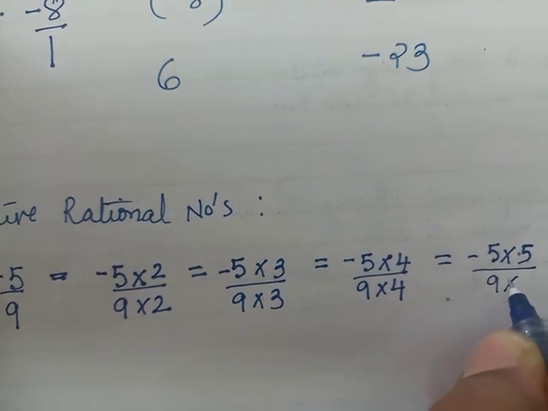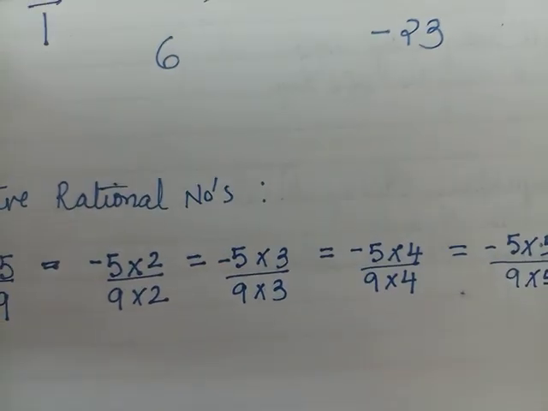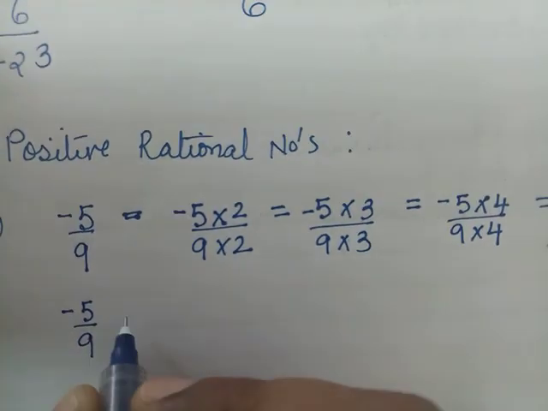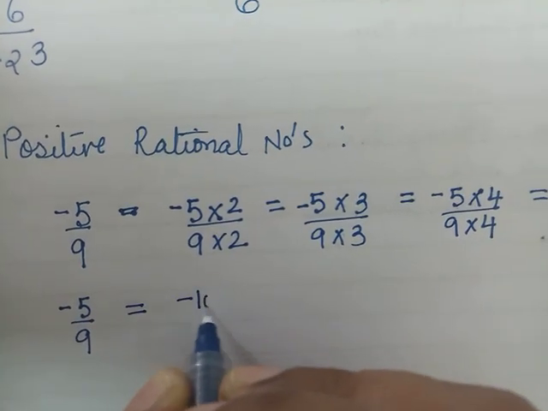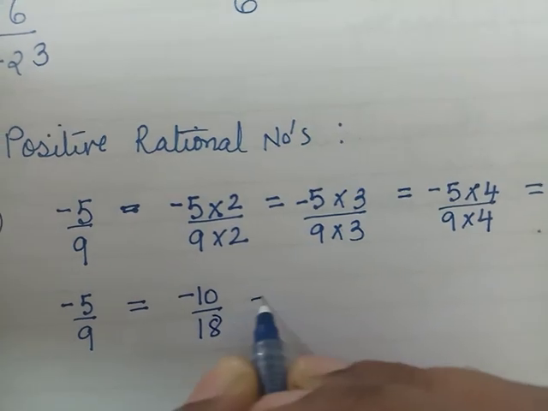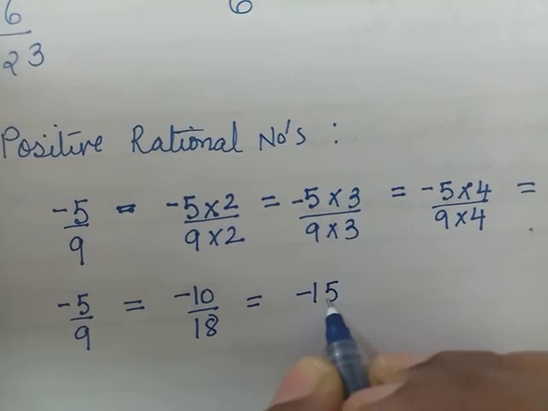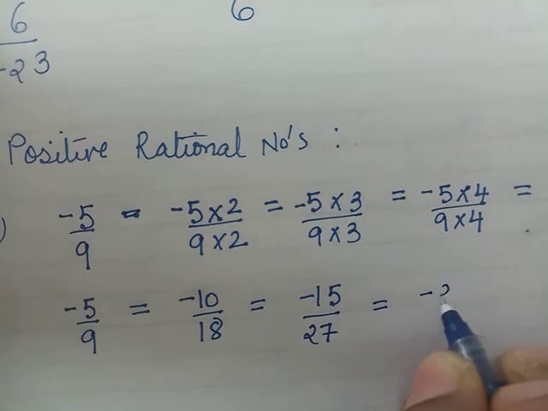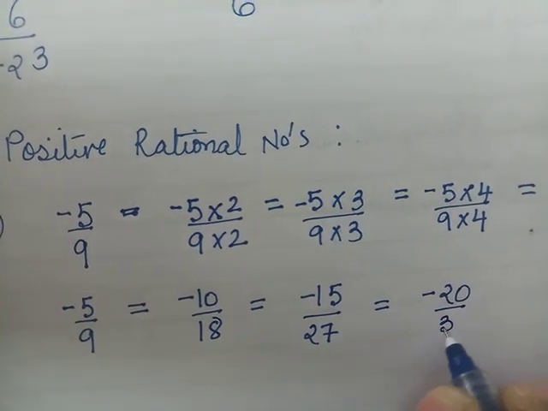Okay students, so I have written 4. Now we multiply and write. It becomes minus 10 by 18, minus 15 by 27, minus 20 by 36.